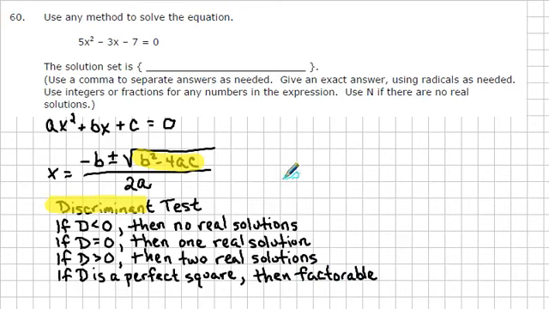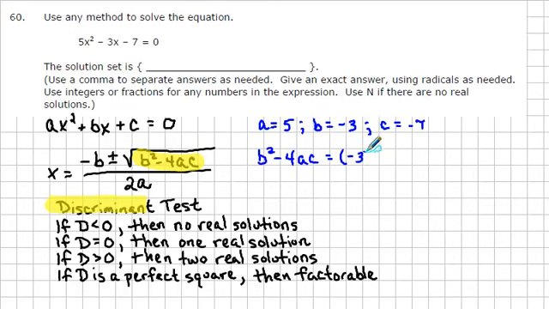Alright, so let's go ahead and find the discriminant for this particular equation. We identify the a, the b, and the c. Our a is the coefficient of x squared, which is 5. b is the coefficient of x, which is -3. And c is the constant term, which is -7. The discriminant is b squared minus 4ac.